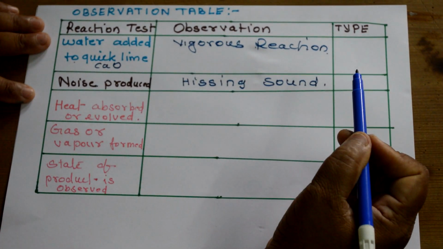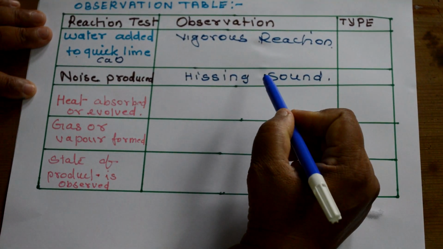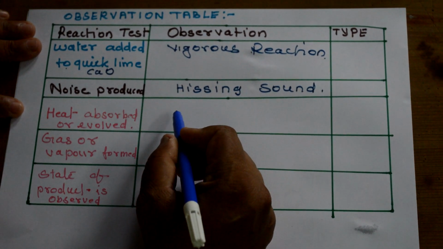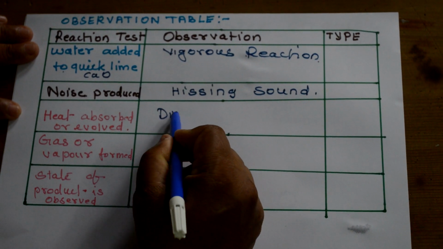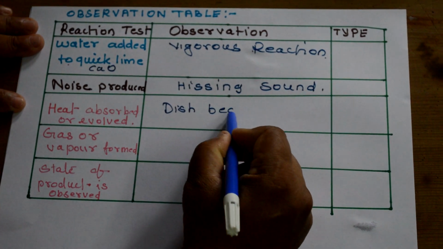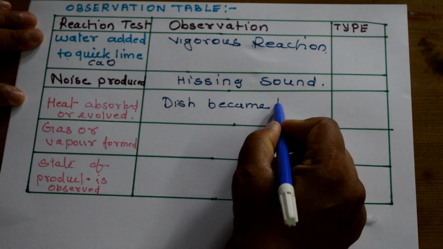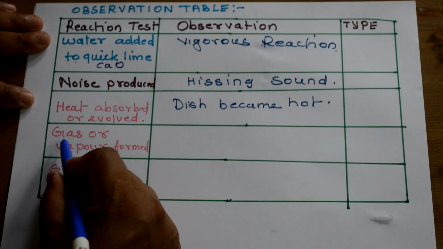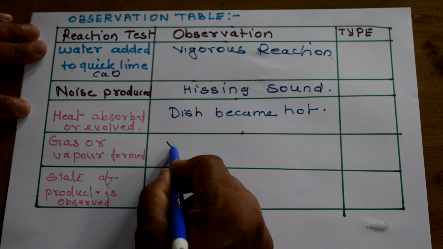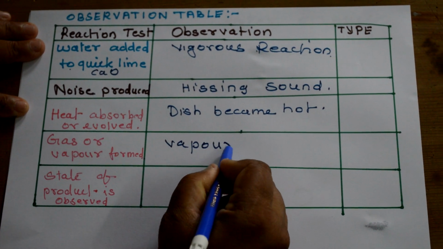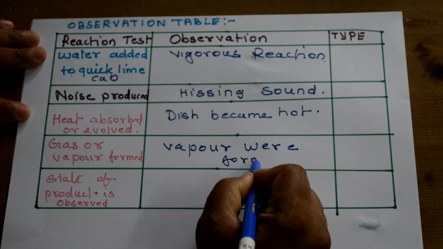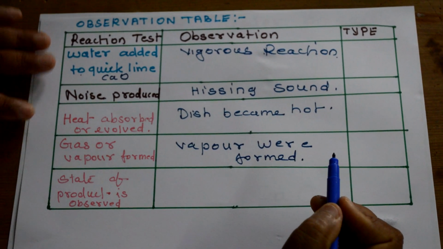You could clearly see it and hear it in the video. The dish became hot. Gas or vapor was formed. You could clearly see it in the video.